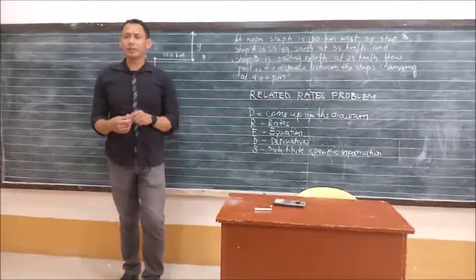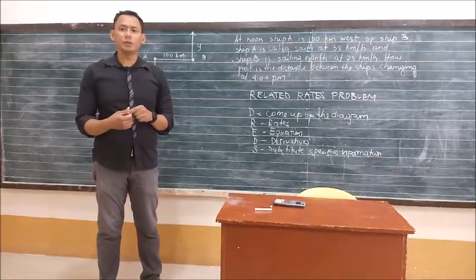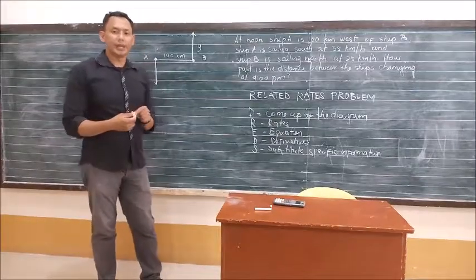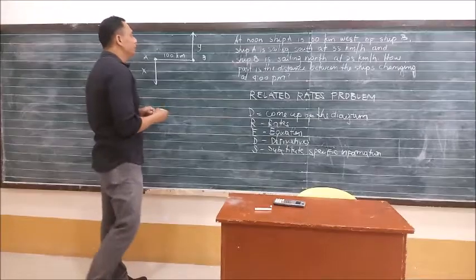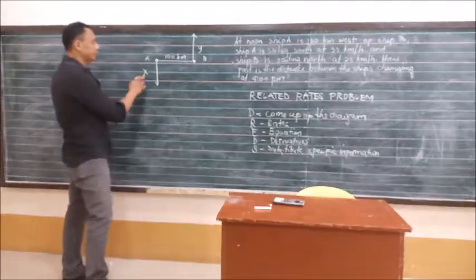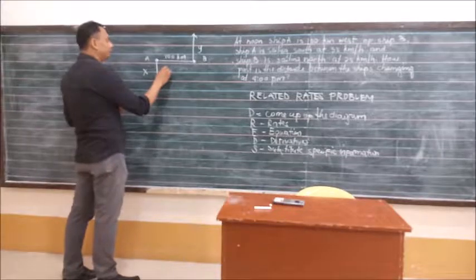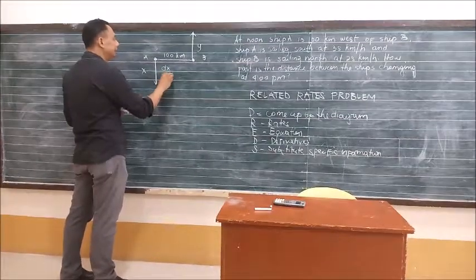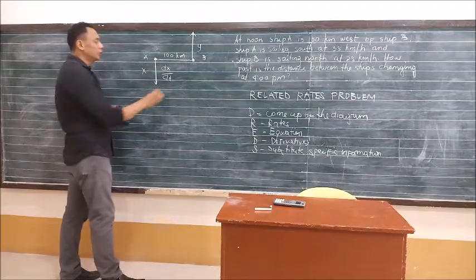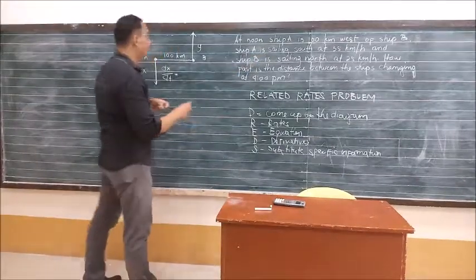So this also tells me the rates at which the ships are changing, so this is where you use your rates. It says ship A is sailing south at 35 kilometers an hour. So this is the rate of ship A, which is our variable x. We can call this change of x, that is dx with respect to time, dt, equal to 35 kilometers an hour.